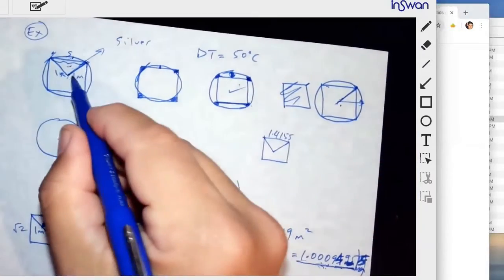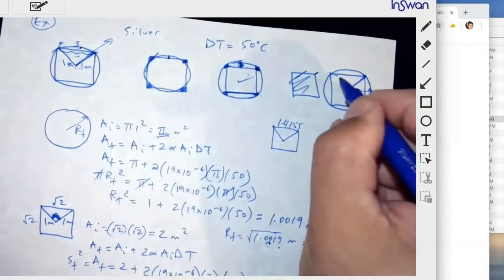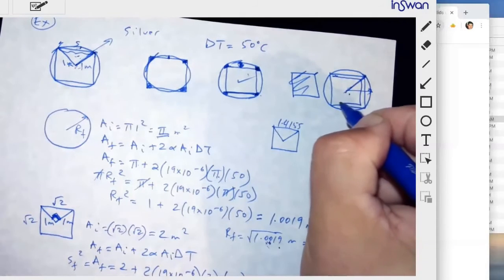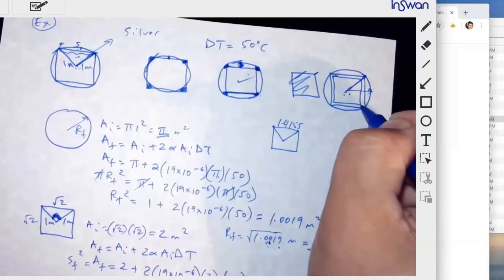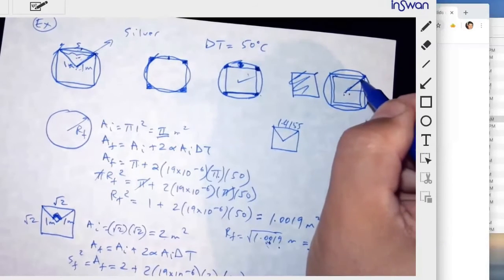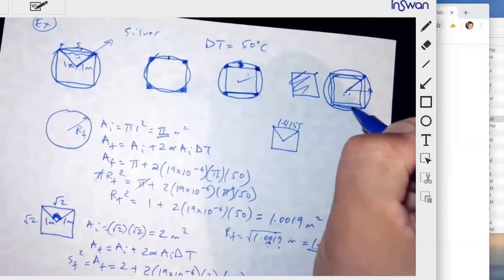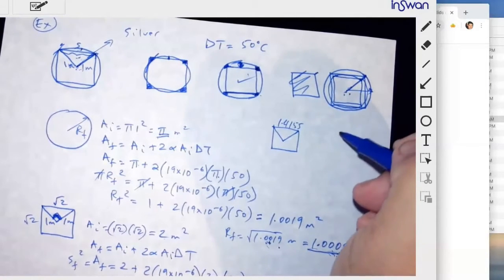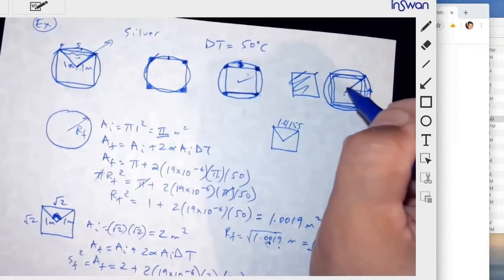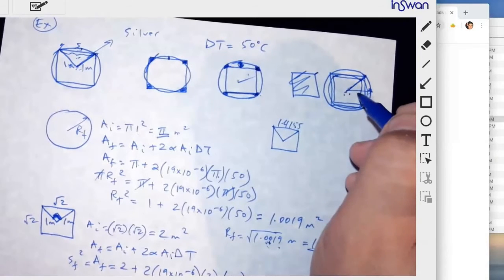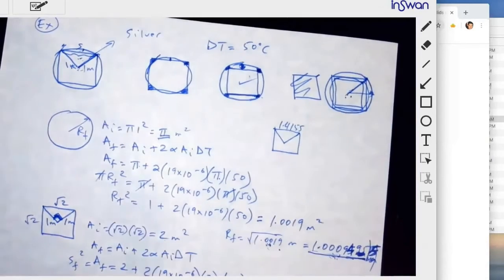So when this guy's original shape was like this, it expanded from here to here. It didn't expand as much as the circle. The circle was like this. You see? So the circle's area increased by a larger amount than the square's area, but their edges are still touching. You guys get that? I thought their edges wouldn't touch, but it still ends up that their edges touch.